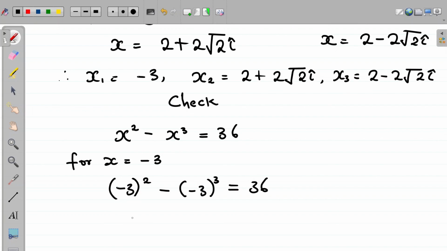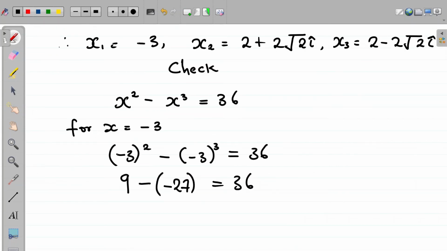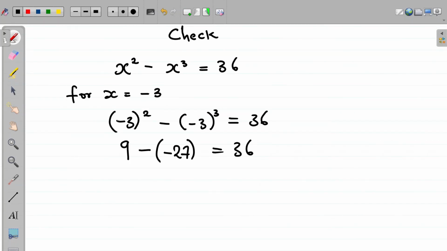Minus 3 all squared is 9, minus 3 all cubed is minus 27, equal to 36. So we have 9, minus times minus is plus 27, equal to 36. So therefore 36 is equal to 36.